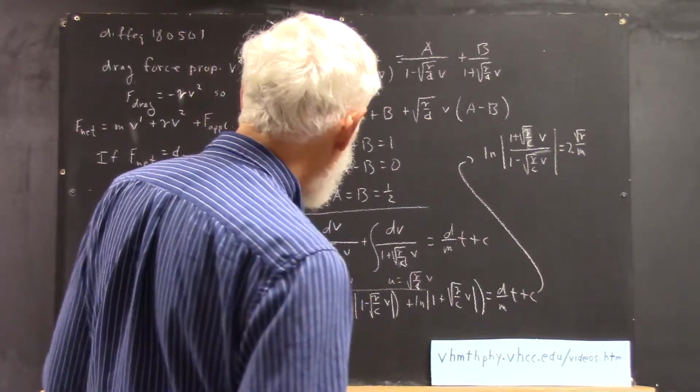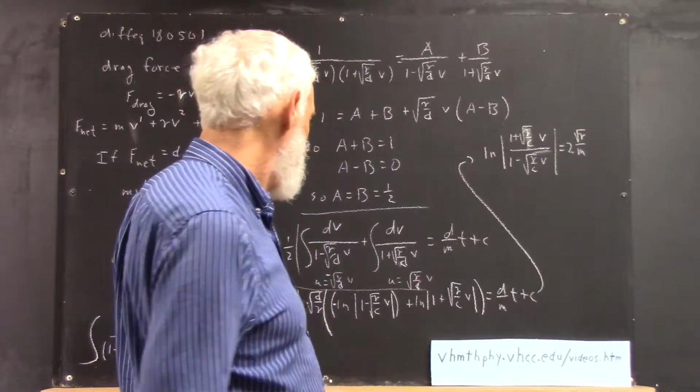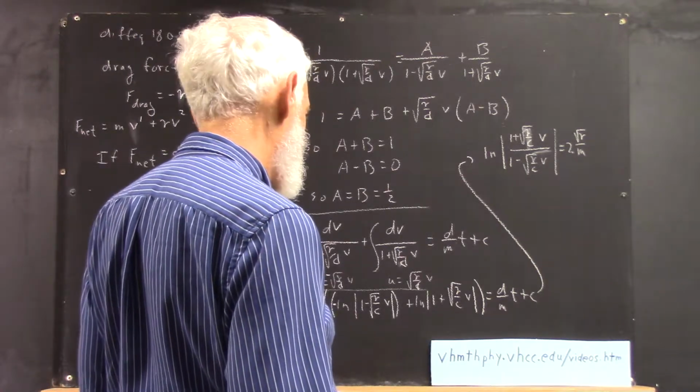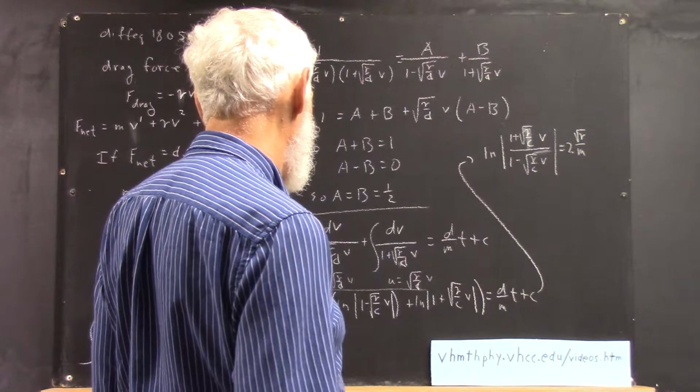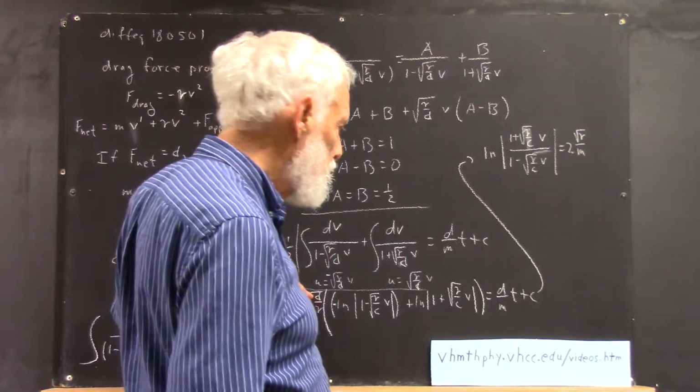So what's going to happen then is you're going to have a square root of D in the denominator.